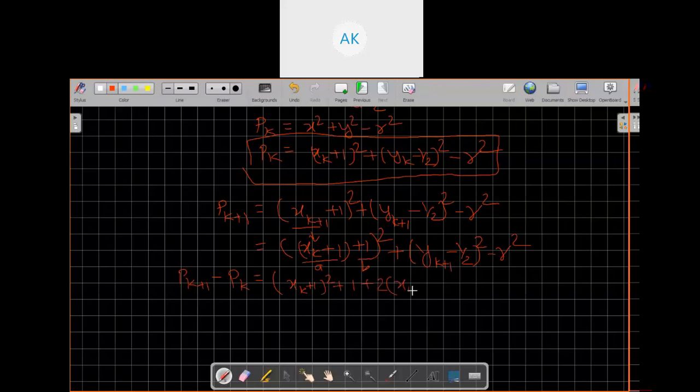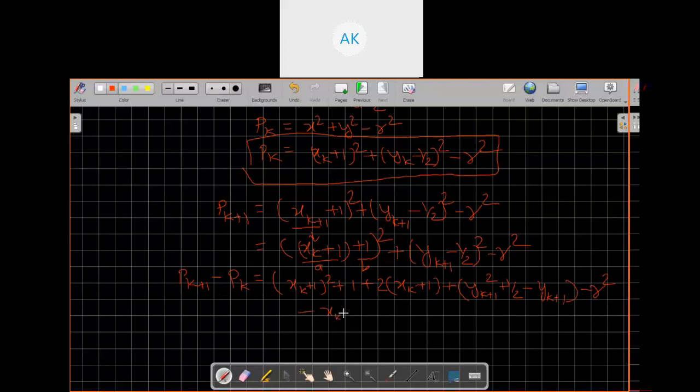Your a is xk plus 1, b is 1. Okay, plus a plus b yk plus 1 whole square plus 1 by 4 minus 2ab means yk plus 1, okay, minus r square minus value of pk. What is the value of pk? This.